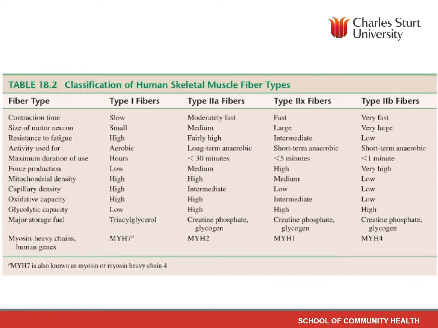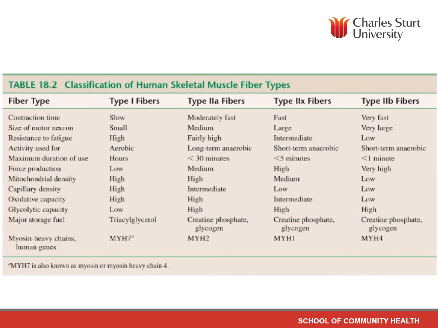to generate ATP. Now if we go to the other end and go to the fastest of the fast twitch fibers, the type 2B, we'll see that the mitochondrial density is low because they're not going to use very much oxidative phosphorylation.